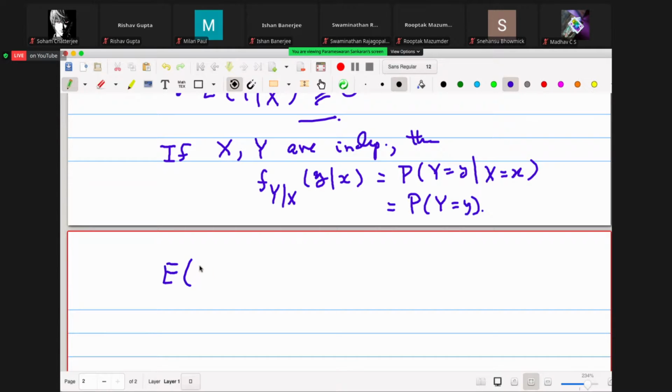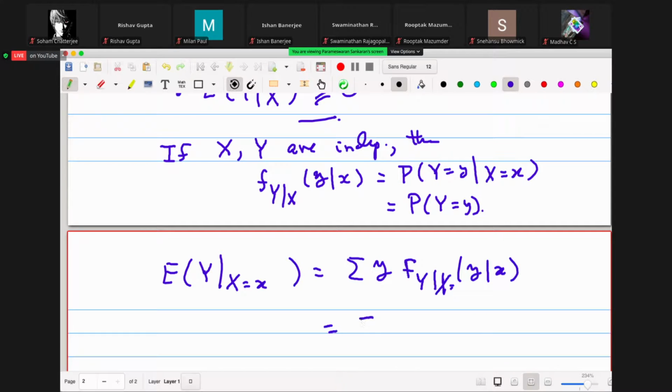And now plug this into the equation. So the expectation of y given x equals x is the function summation of y times, let me write it one more step, f of y given x of y given x, this is a way to write it, which is equal to y times f of y, but either way, just write the probability of capital Y equals y.